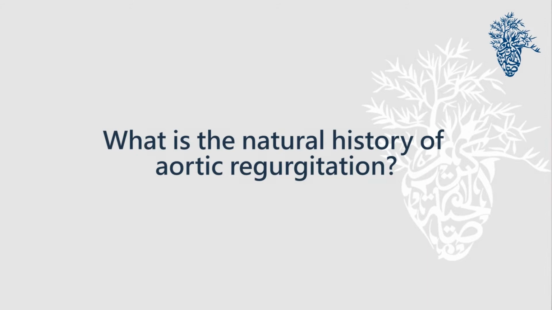What is the natural history of aortic regurgitation? Aortic regurgitation is a slow disease. It progresses over many years, and the majority of the patients remain asymptomatic until later in the disease when they start to get symptoms.